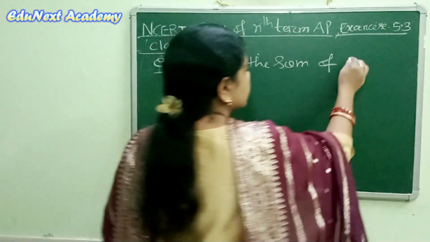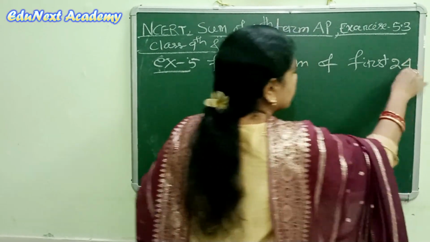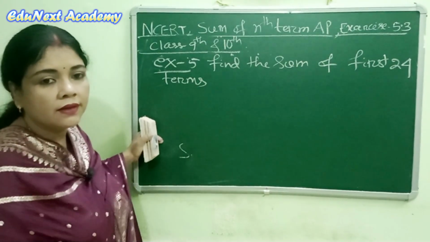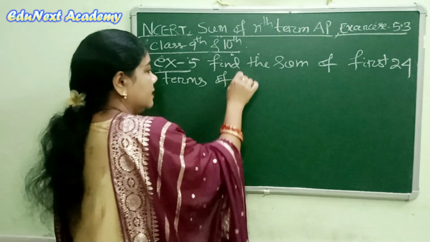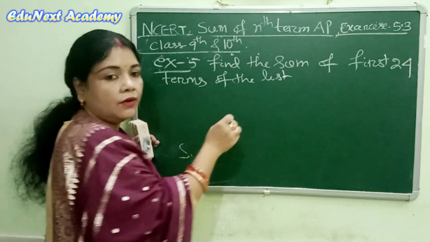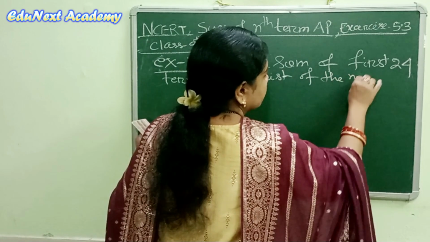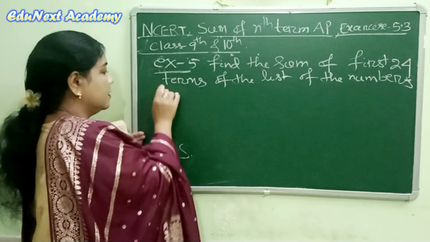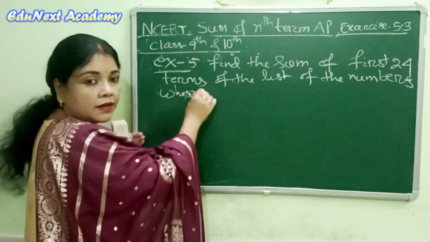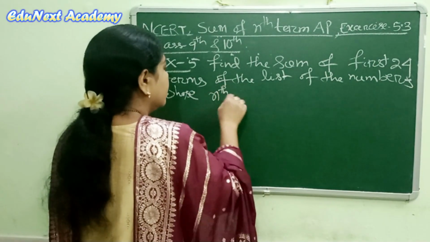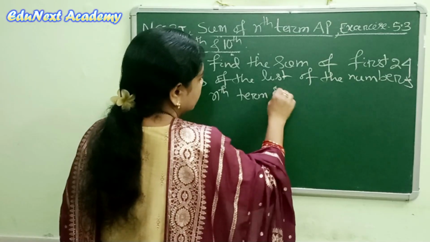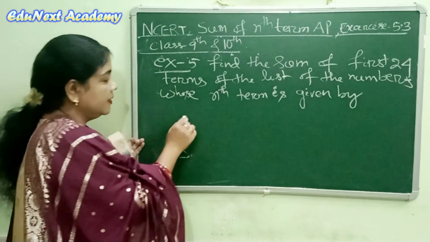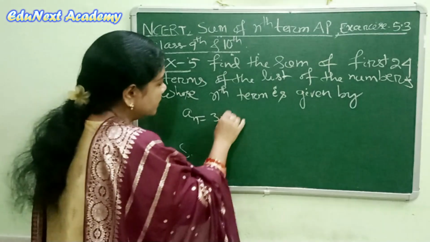Find the sum of first 24 terms of the list of numbers whose nth term is given by an is equal to 3 plus 2n.